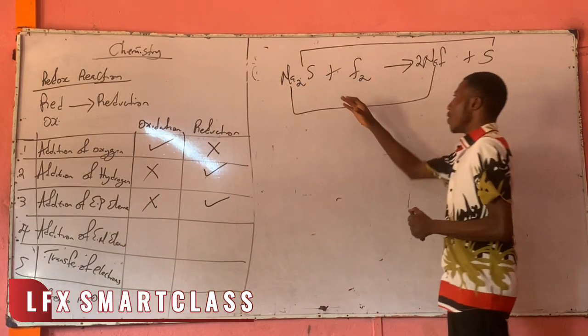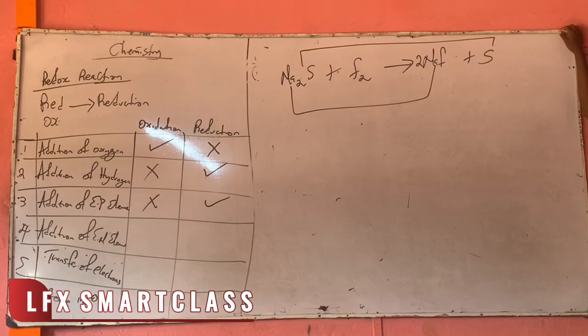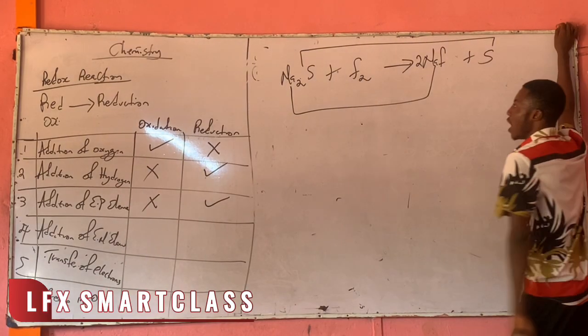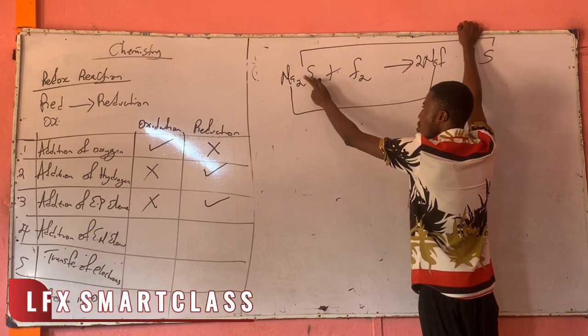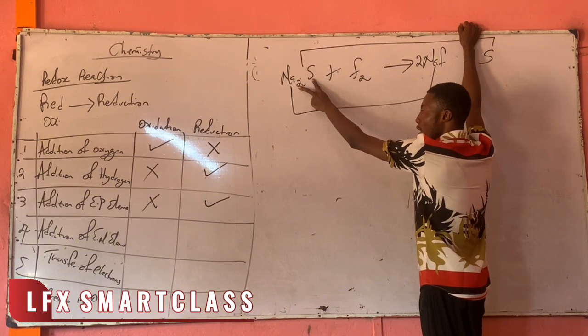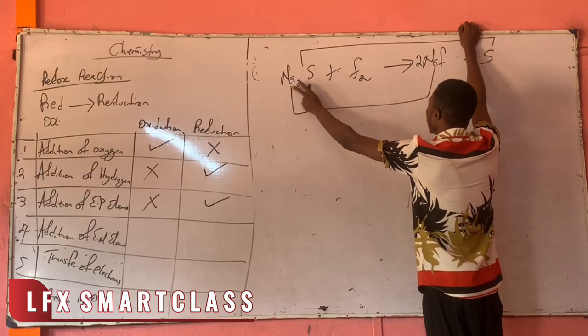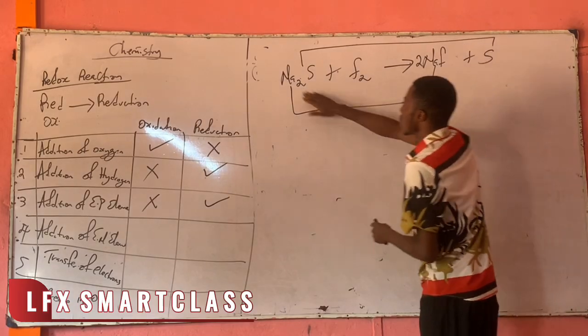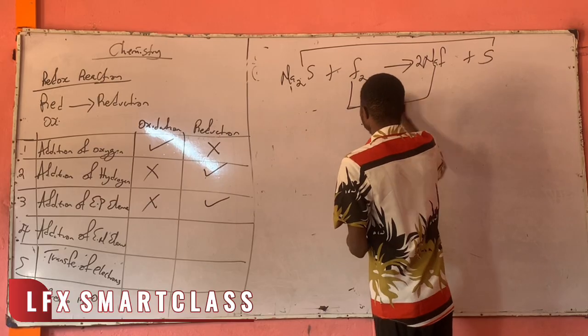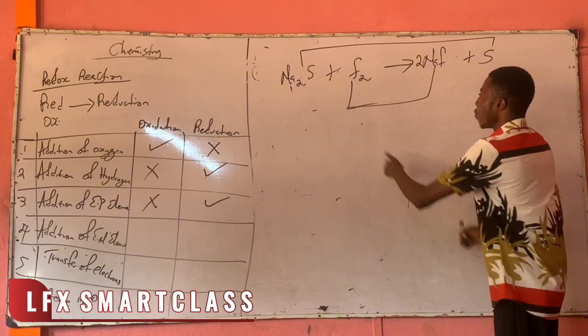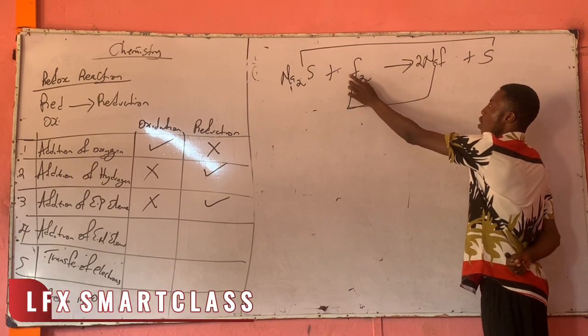Now, having this, we can start. In sodium sulfide, sodium is a metal, sulfur is a what? Non-metal, right? So coming from here to here, fluorine here was not carrying anything.